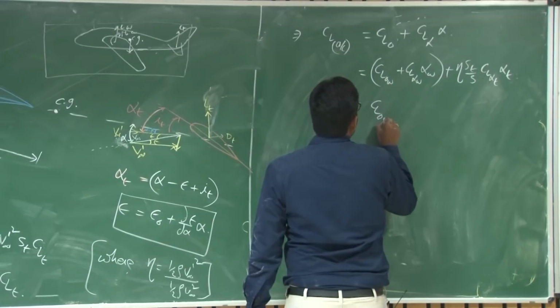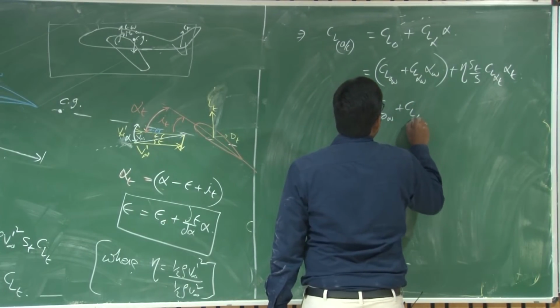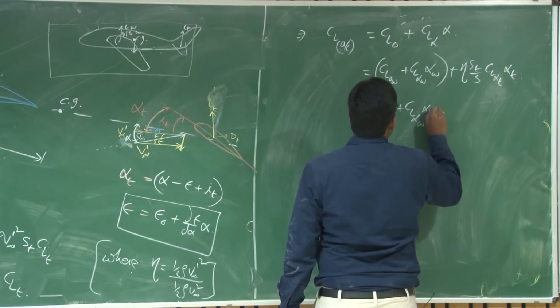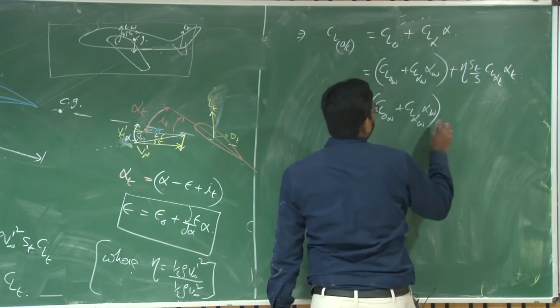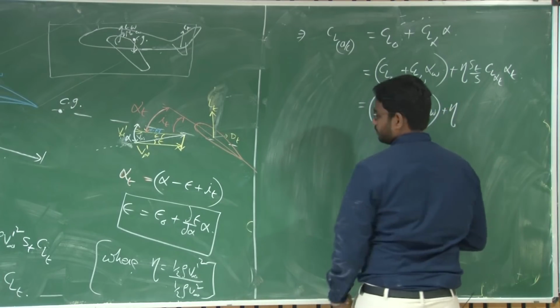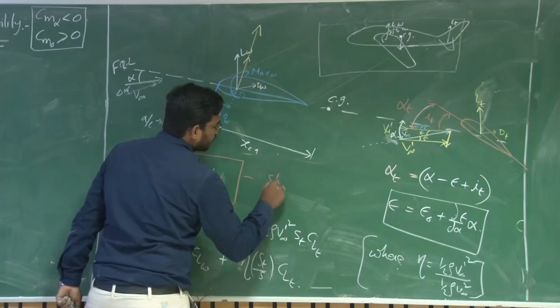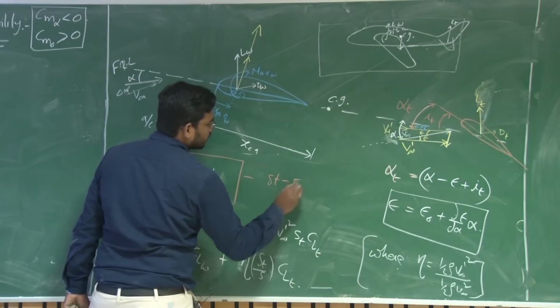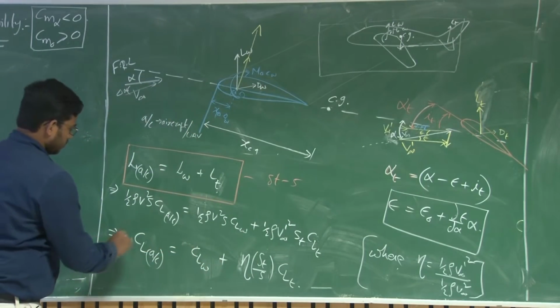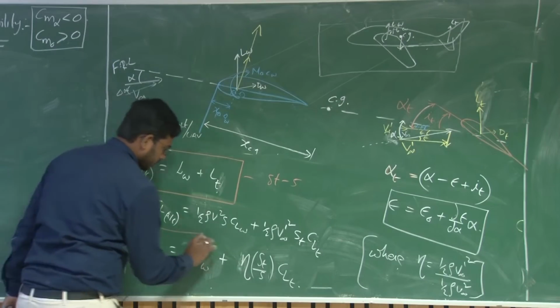So CL naught of wing plus CL alpha of wing into alpha of wing plus eta. You consider this as your stability equation 5. So this is your stability equation 6.